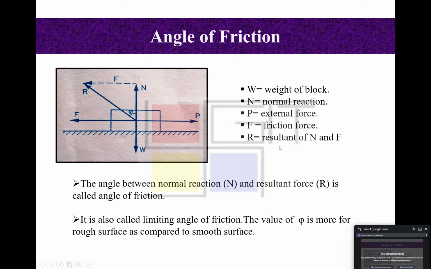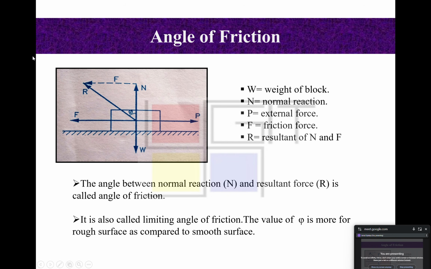Look at the R there. They are saying that the R, which is the one inclined there, is the resultant of N and F. If R is just the resultant of N and F, then we don't need to be so concerned about that.